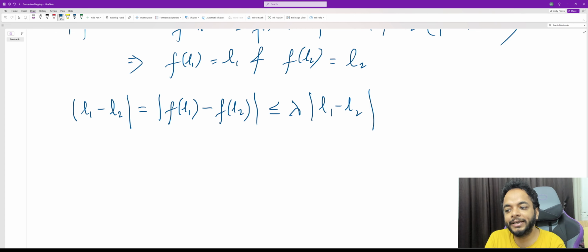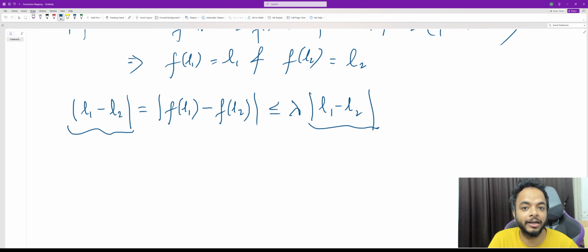So now we get that mod of L1 minus L2 is less than or equal to lambda times mod of L1 minus L2. Now suppose you have a positive real number and you multiply it by lambda, which is strictly between 0 and 1. That will make it further smaller. How can it be equal or larger?